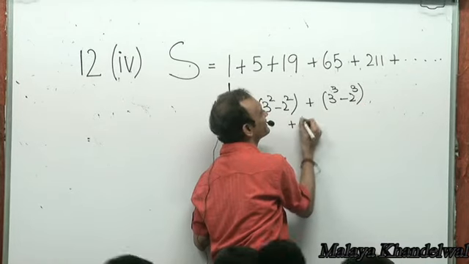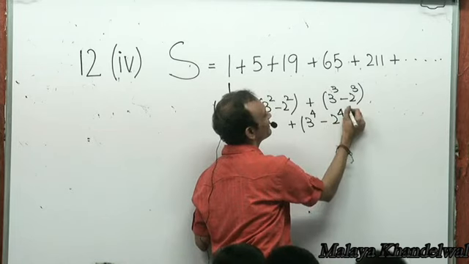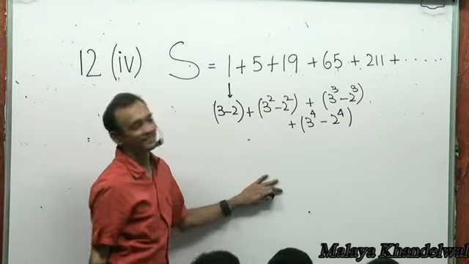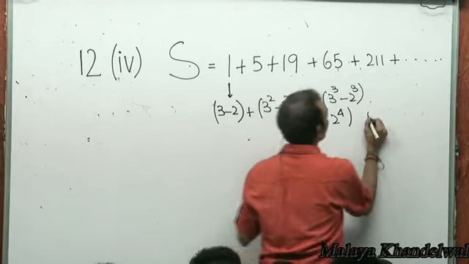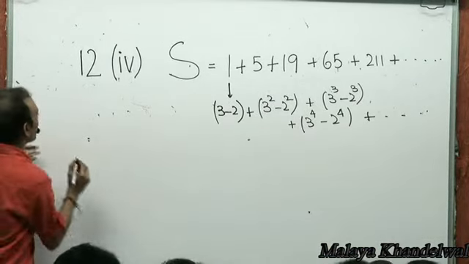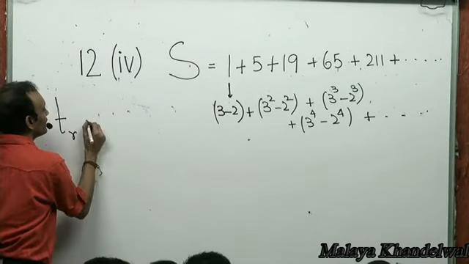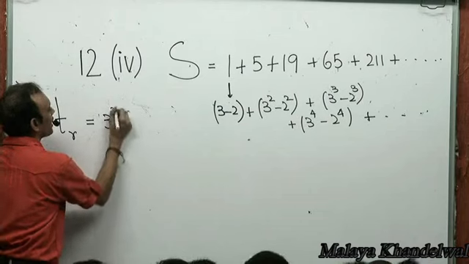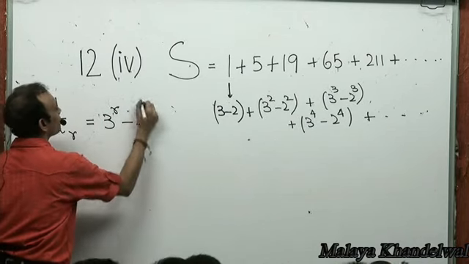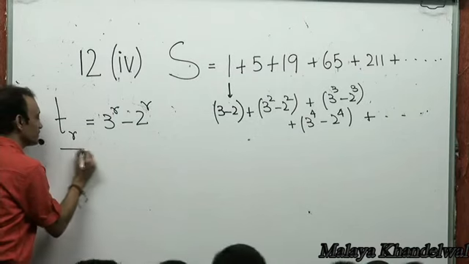Pandey ji! Yes or no? So the rth member of the sequence is going to be 3 to the power r minus 2 to the power r. That's going to be the rth member.